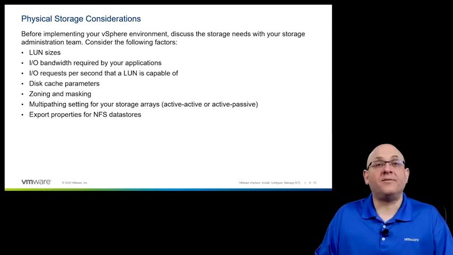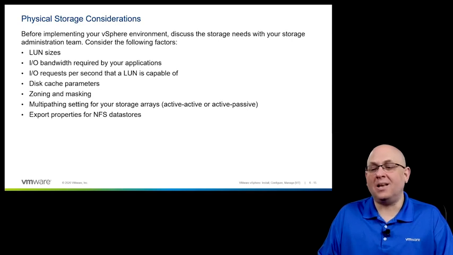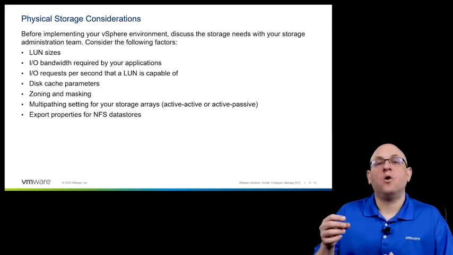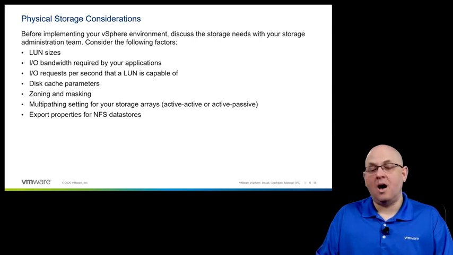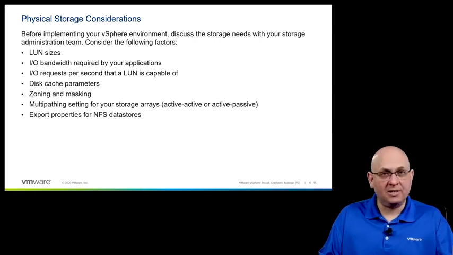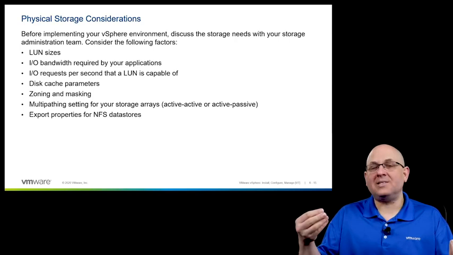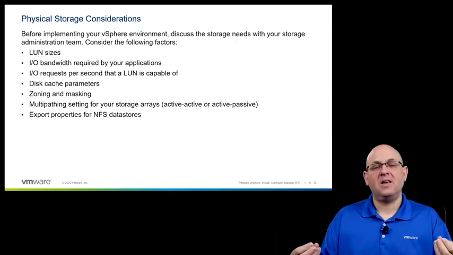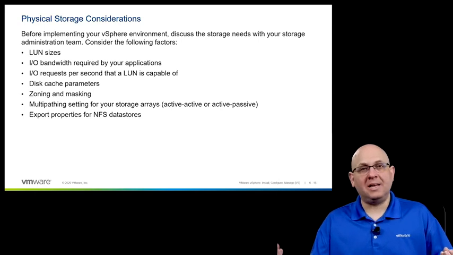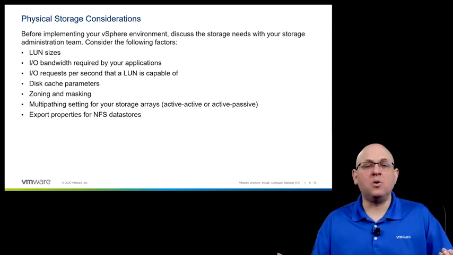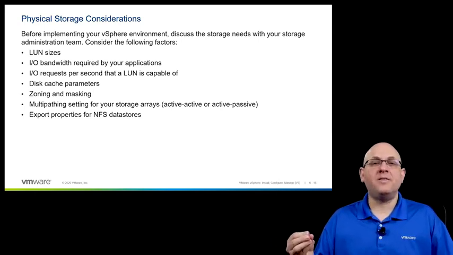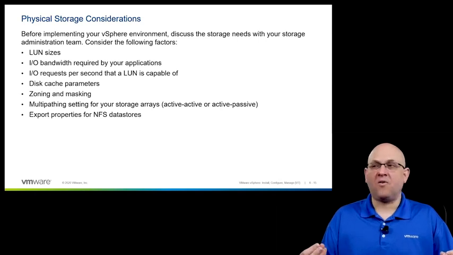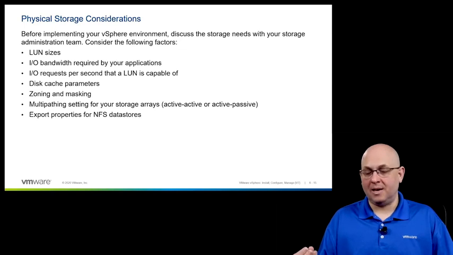Think about the sizes of your LUNs. Think about the bandwidth required for your applications. Think about the requirements of your applications for IOPS versus the capabilities of the LUNs for IOPS. If the LUNs are created with spinning disks, they'll have far fewer IOPS capabilities than those LUNs that are created from solid-state devices, for example.